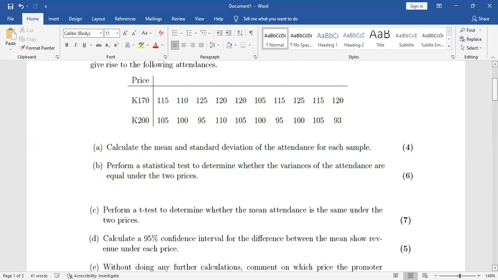Now, like I indicated earlier, in this question you need to input data in the calculator. That's all you need to do, just input data in the calculator, and then you can pull out the standard deviation and the mean for each sample.